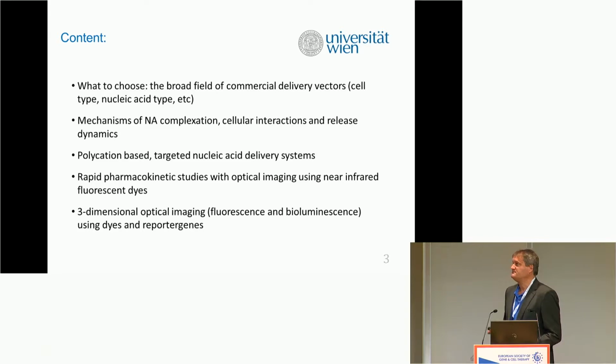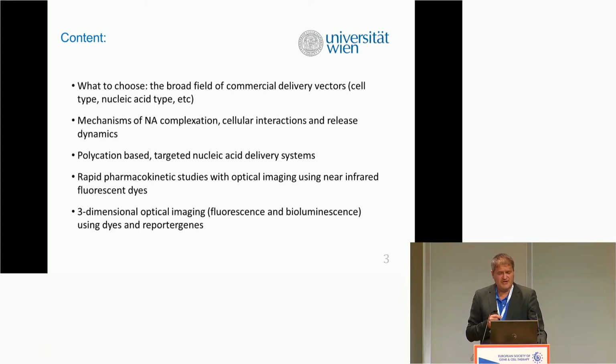So how can you choose? There's a broad field of commercial delivery vectors. It really depends on the cell type and on the nucleic acid type that you will deliver. Well, I will then come to the mechanism of nucleic acid complexation and also the cellular interaction, the release dynamics, because it is a dynamic system.